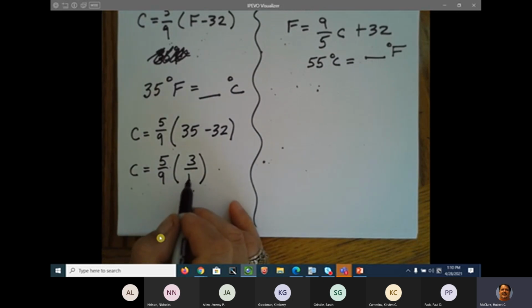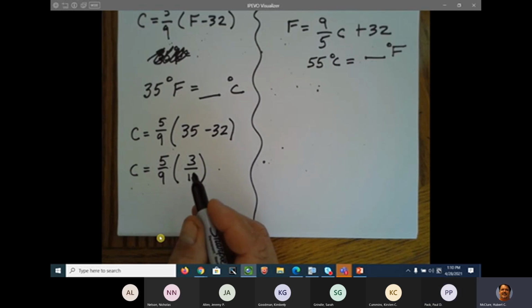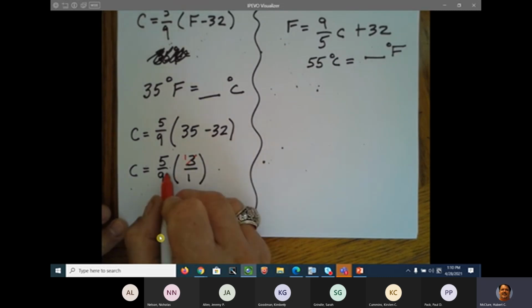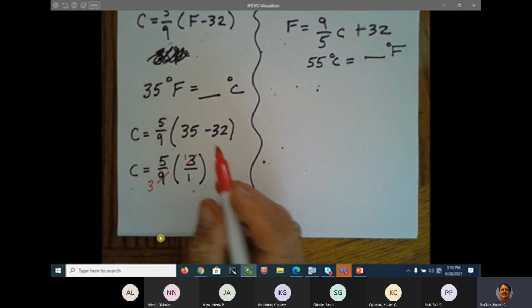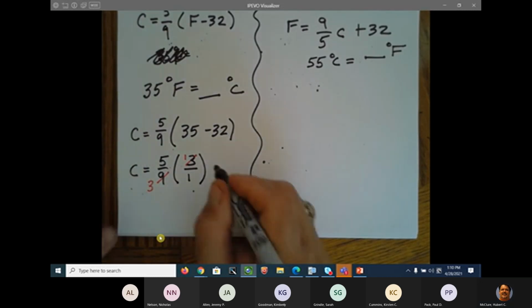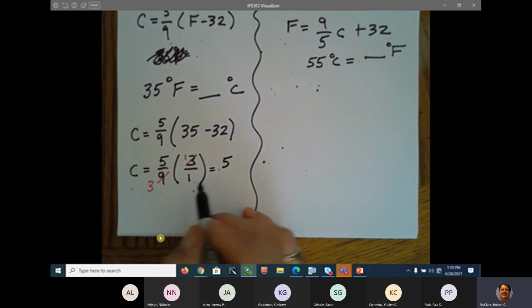And why did I make that 3 into a fraction? Because you want to make it cancel. So I'm going to cancel that 3 and that 9. This is what we learned back in chapter 5, I can't even remember. 5 times 1 is 5, and 3 times 1 is 3.